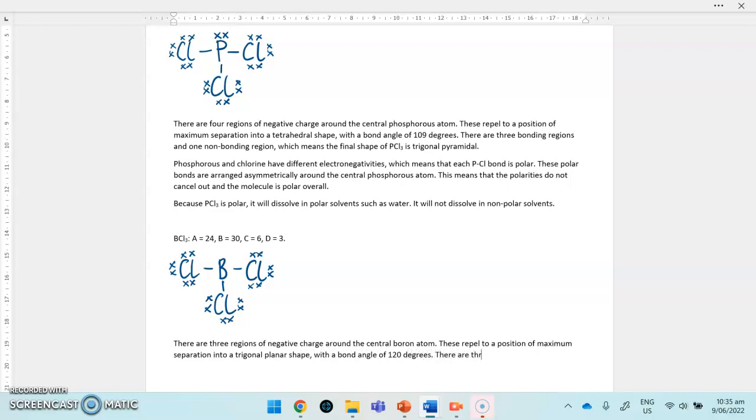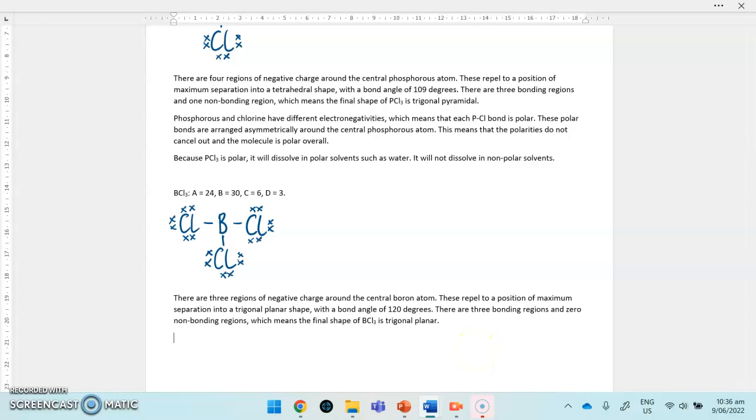Now here there are three bonding regions, 0 non-bonding regions, so the shape is trigonal planar, same as the base shape was trigonal planar. Okay, so let's explain the shape of BCl3, the final shape will be trigonal planar.